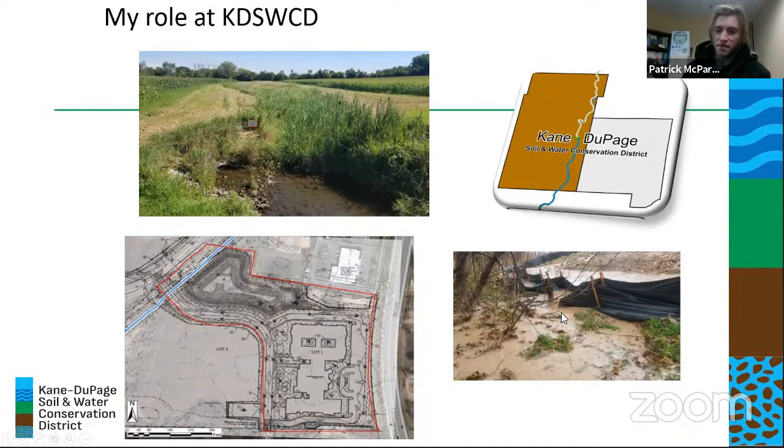And then you see this bottom right picture here. This is what you don't want to see. This is immediately following a stormwater event where, I don't know if you've seen construction sites before, but they typically have a barrier of silt fence that will keep the soil and sediment-laden water from eroding off-site.